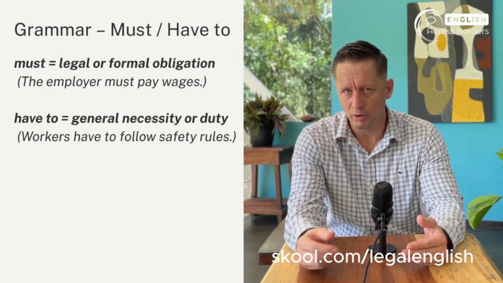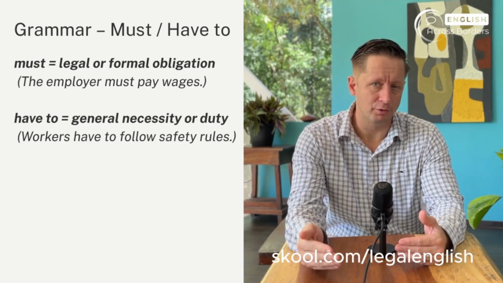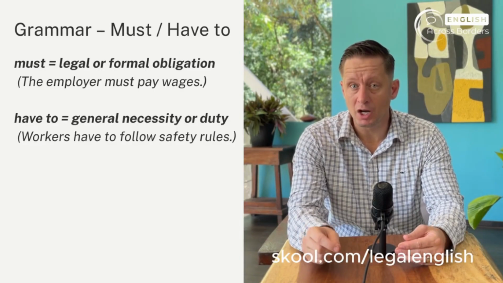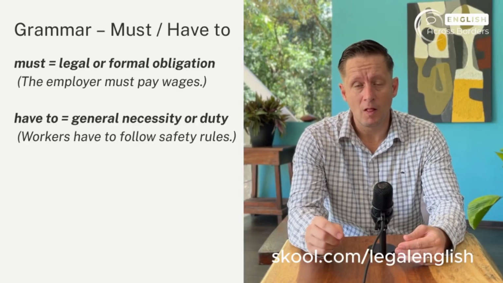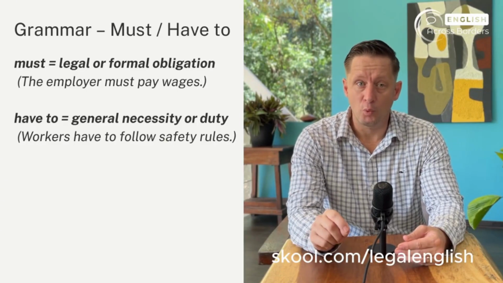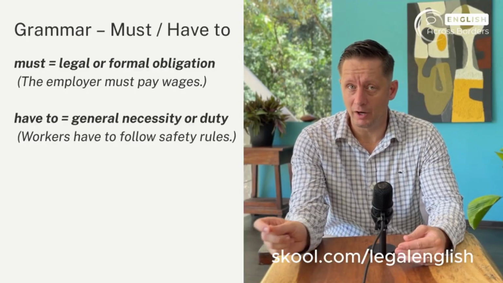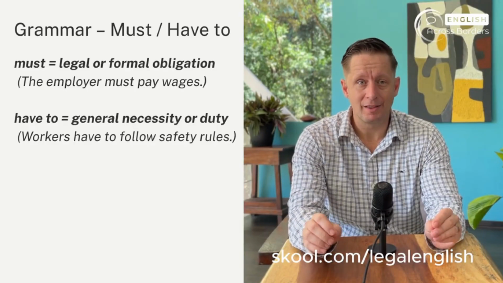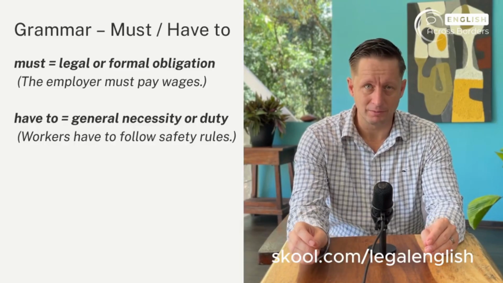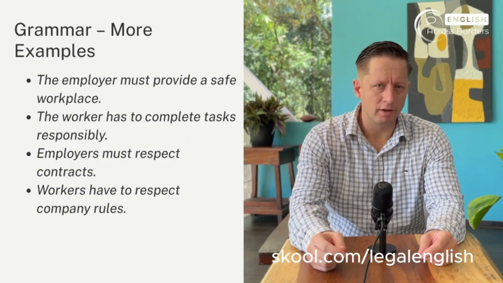For example, workers have to follow safety rules. Imagine you are explaining job duties. You might say, the worker must sign the contract, or the worker has to arrive on time. Both mean the action is necessary. It is not optional.